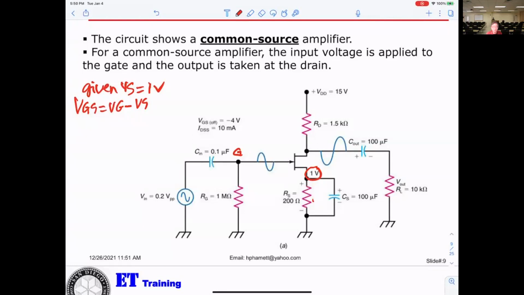What do you think you get? 1 volt? Minus 1 volt? Then you're telling me VG equals 0.